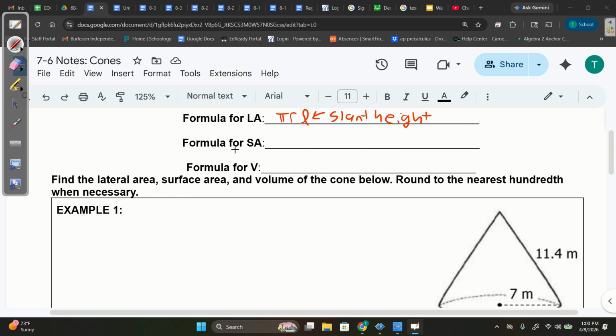The formula for the surface area is pi times radius times the slant height, the lateral surface area, plus the area of the base. Because my base is a circle, the area of a circle is pi times radius squared.